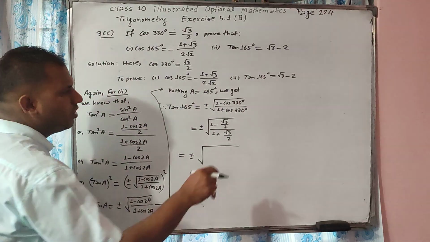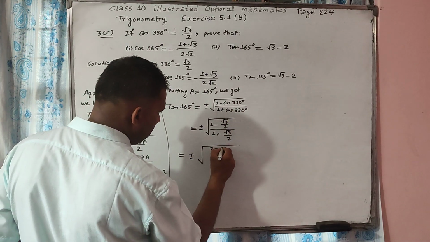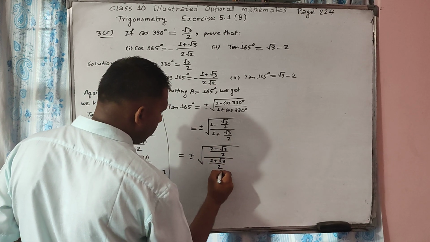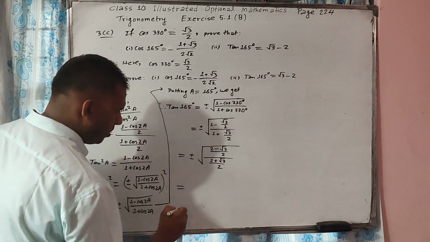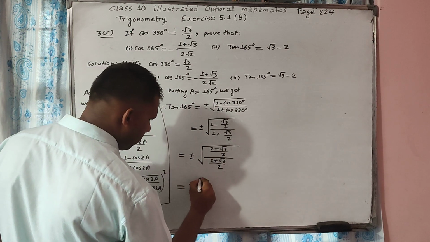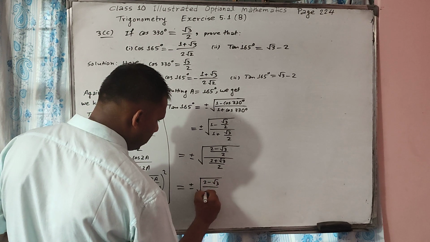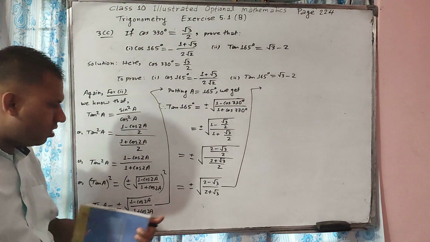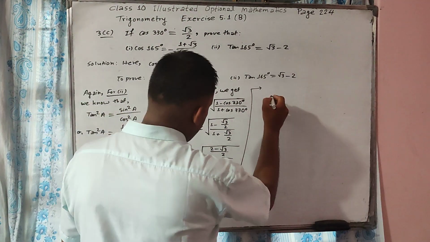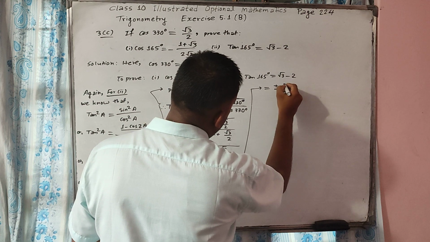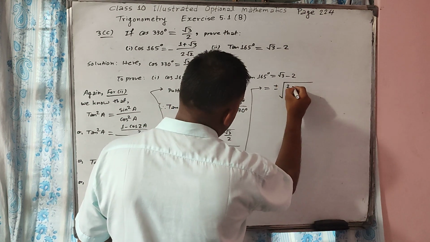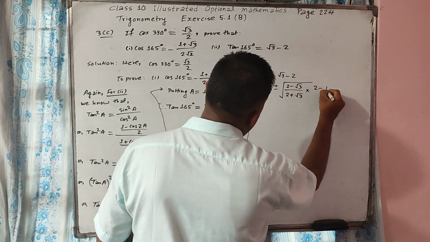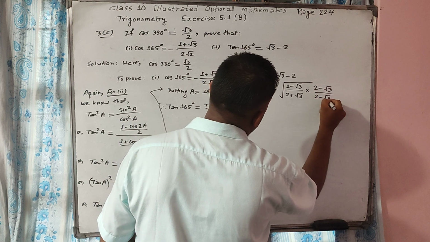Taking LCM on both numerator and denominator, (2 minus root 3) all upon 2, all upon (2 plus root 3) all upon 2. Denominator 2 cancel out, remaining plus minus square root of (2 minus root 3) all upon (2 plus root 3). Now multiplying by conjugate of denominator, we get plus minus square root of (2 minus root 3) all upon (2 plus root 3) into (2 minus root 3) upon (2 minus root 3).